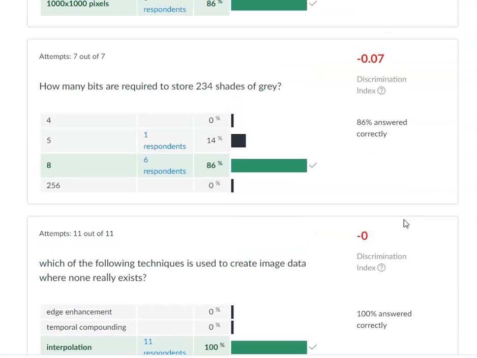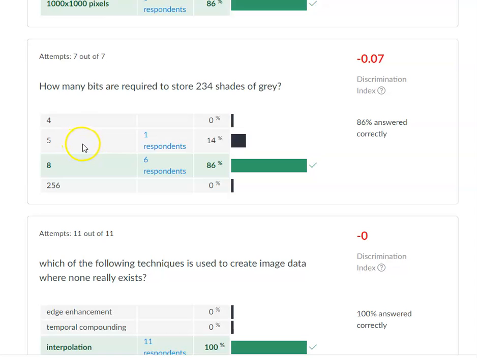How many bits are required to store 234 shades of gray? In this case, your answers are 4, 5, 8, or 256. If you picked 5, then 2 to the 5th, so 2 times itself 5 times, would give you a result of 32 shades of gray.